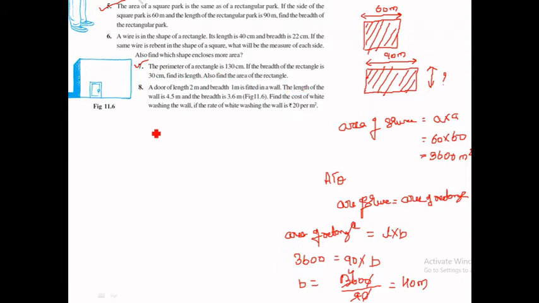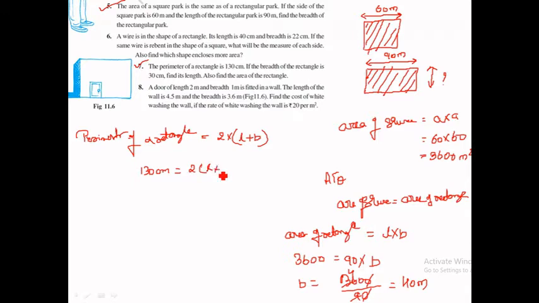So first, the perimeter is given. So perimeter of a rectangle is equal to 2 into length plus breadth. Okay, so it's given that its perimeter is 130 centimeter, and that is equal to 2 into length plus breadth.